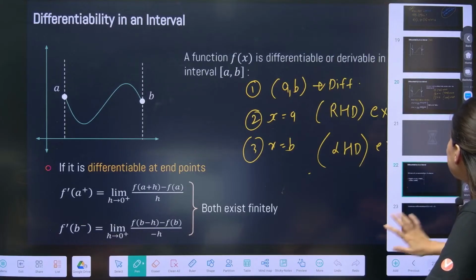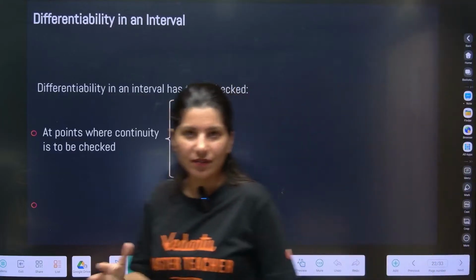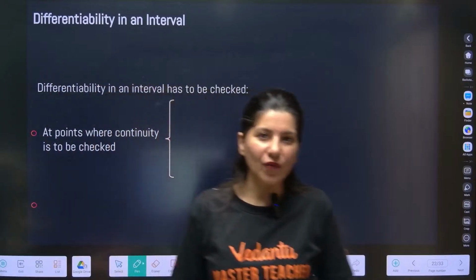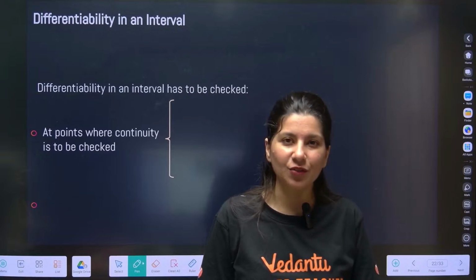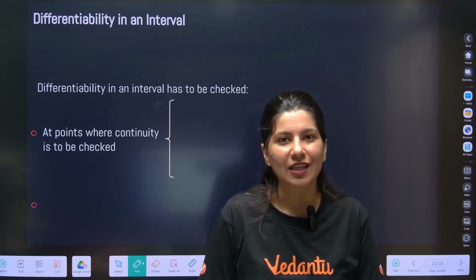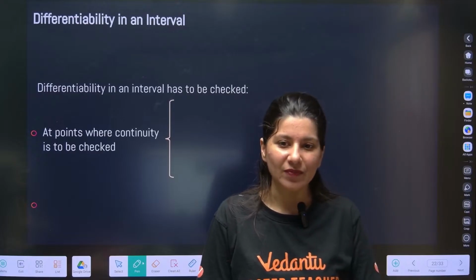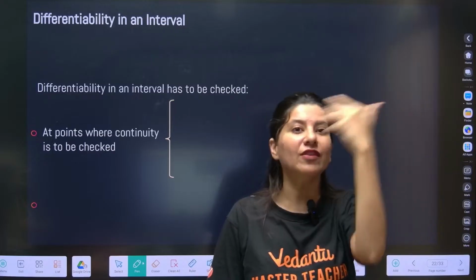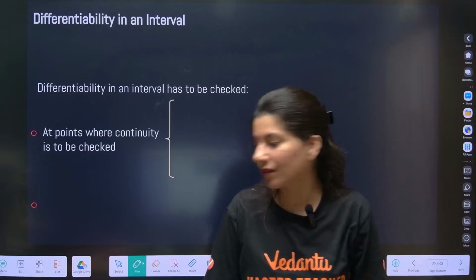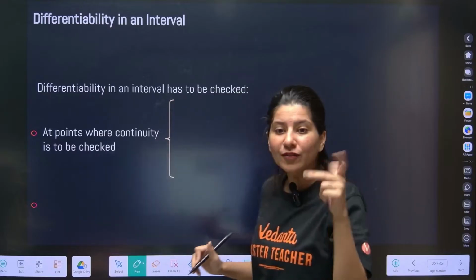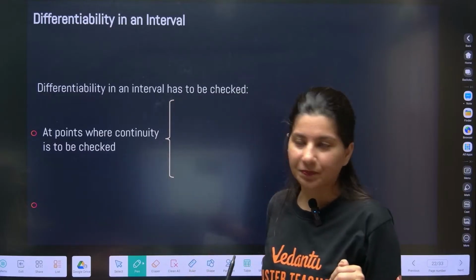Now, when exactly are you going to check? Suppose I have given you an interval. It is so obvious, just like we studied in continuity. Are you going to check each and every point? It is not possible. So what will you do? If a function is given and you have to check the differentiability everywhere, with a big interval given, then again the concept of doubtful points will come into the picture.